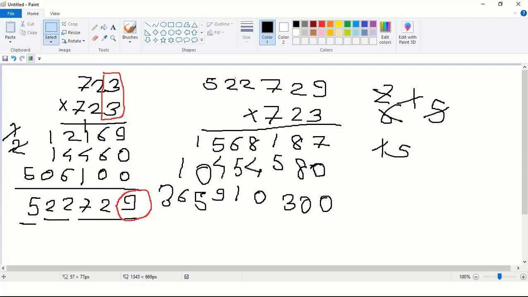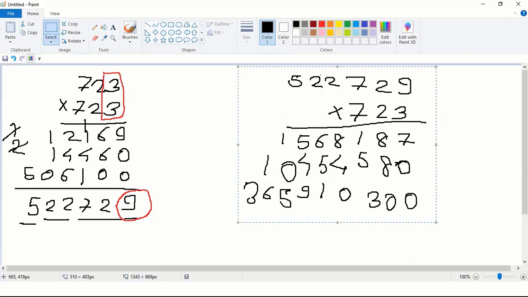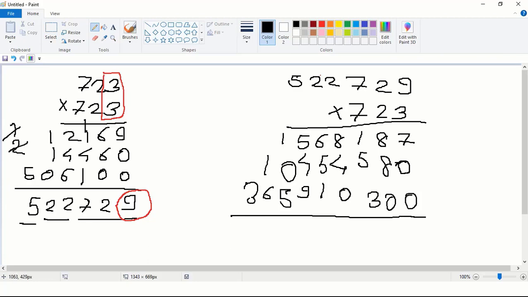Let me adjust the screen for my calculation purpose. Now let me sum the numbers: 7, 16.